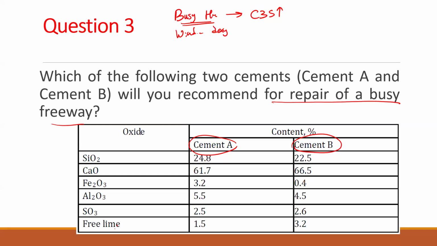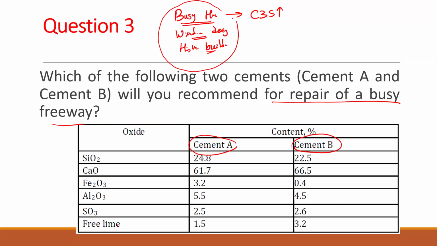So you need a cement which gains strength earlier in a cold climate. And also, if you are building a high-rise building, again, you have to get the strength quicker so that you can build the top floors. So these kinds of applications: a busy highway, any construction on a winter day, and also high-rise buildings.